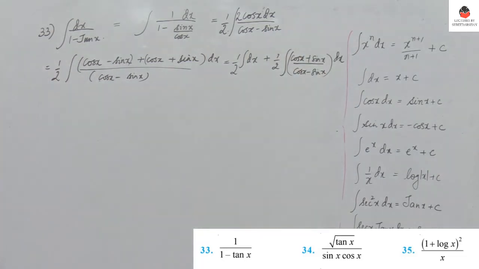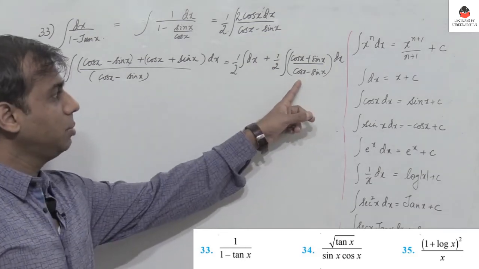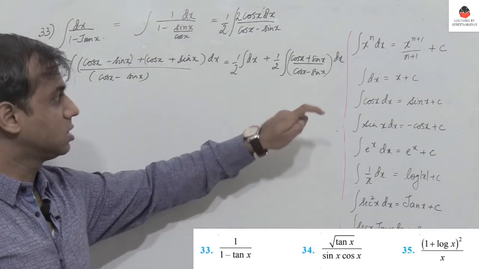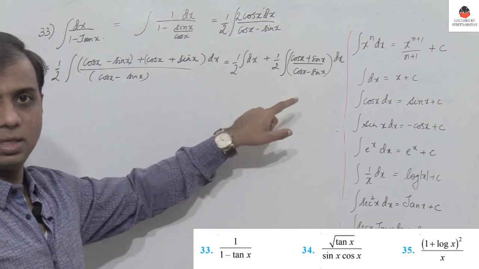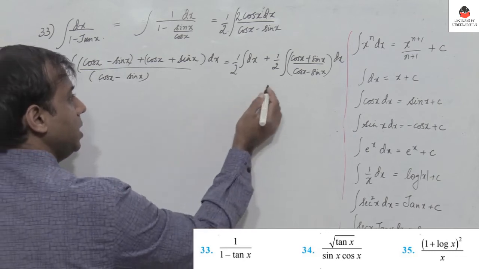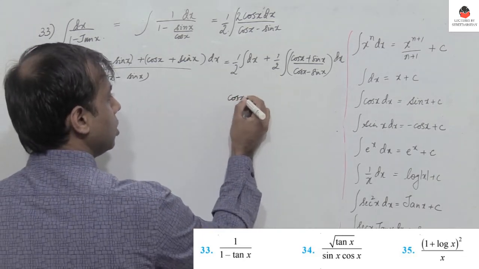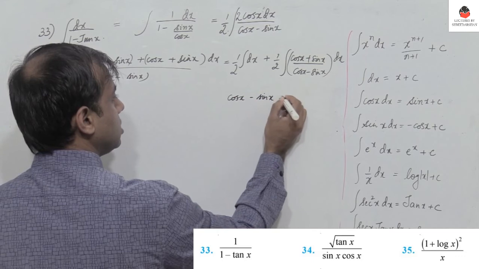Okay, so we have to substitute the denominator, right? So remember that if I differentiate, the differential of sin x is cos x, the differential of cos x is minus sin x. So the denominator has to be substituted. So put cos x minus sin x equals t.